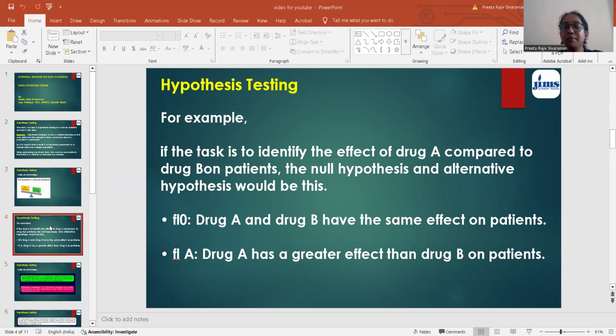So if we see this example, we know how to write a null and alternate hypothesis. First, we frame the null hypothesis. Then we write the alternate hypothesis.